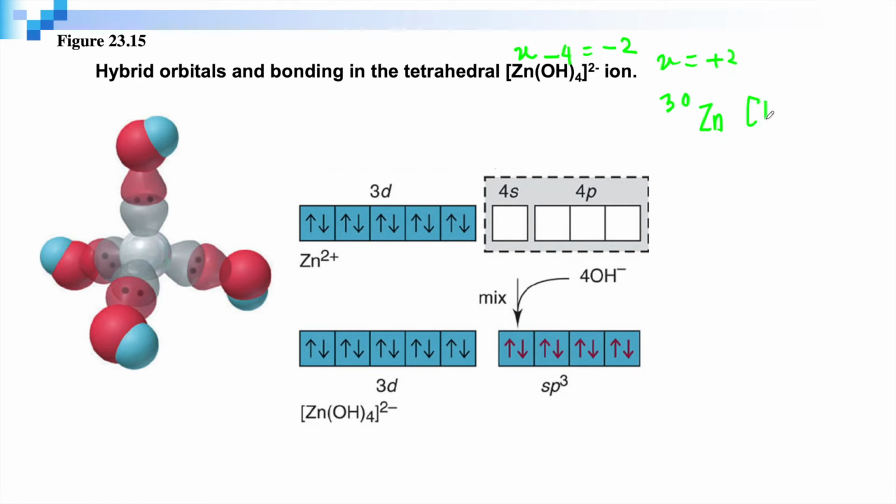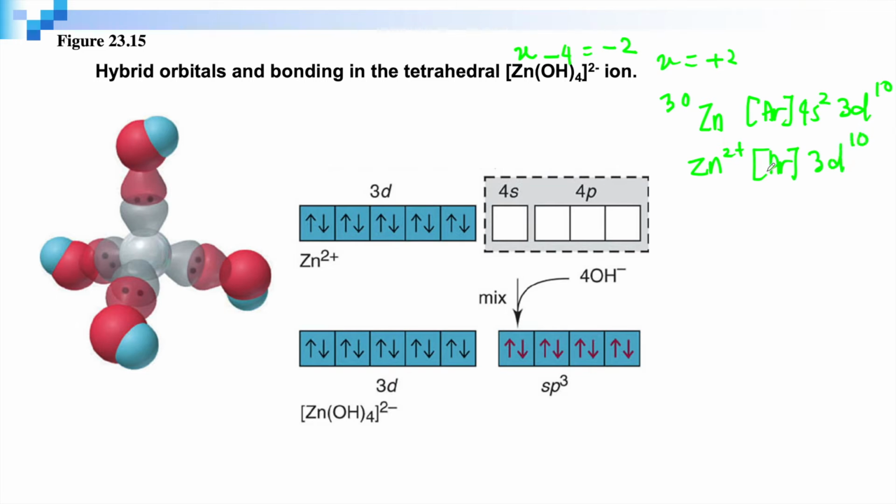So this one is Ar 4s2 3d10. You want the zinc 2+, so this one will give you Ar 3d10.